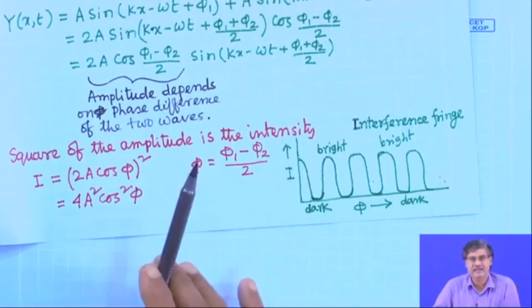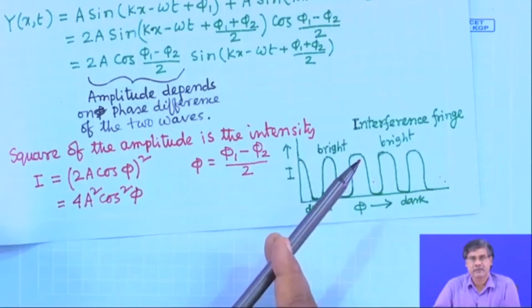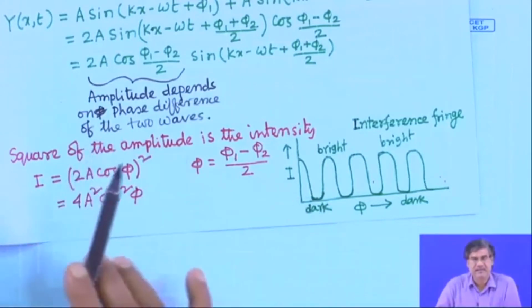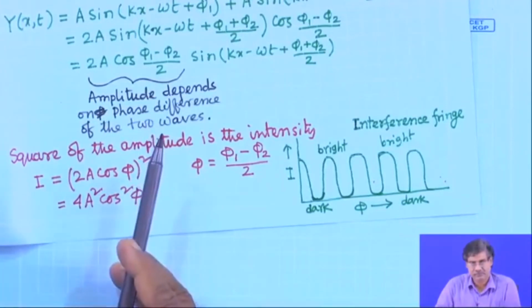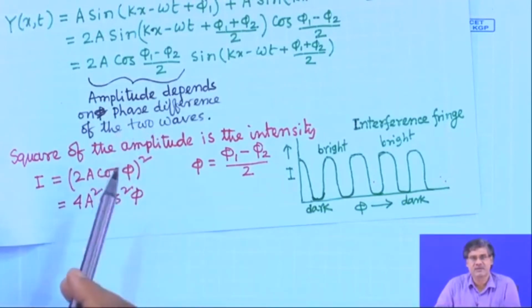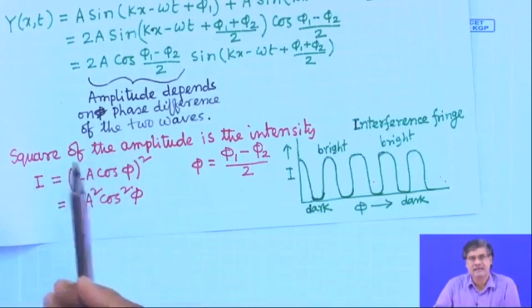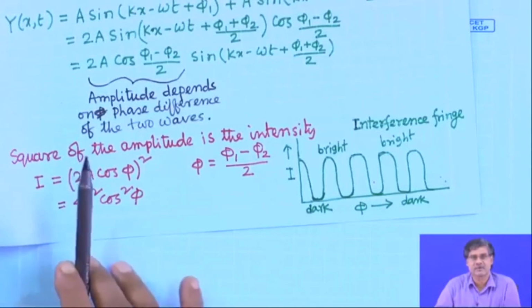So, that phase may vary, not at the same place, like at the starting point, whatever the phase between these two, all the time at that place this phase difference will remain constant.